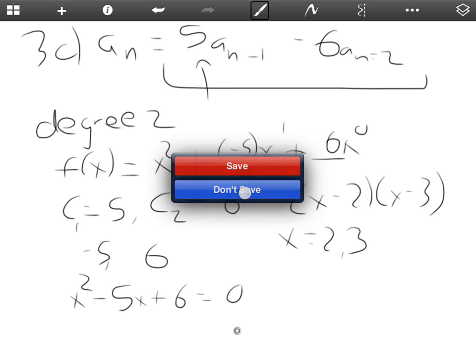And so now we can plug this into this equation. So sigma 1 times R1, what was R1? 2. Yeah, I think so. 2 to the n.